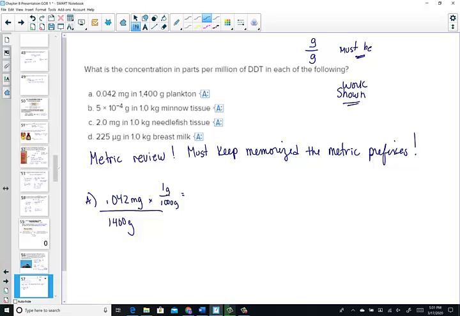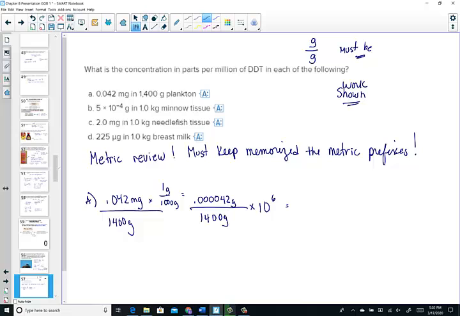0.042 divided by 1,000 gives me 0.000042 grams in your 1,400 grams of solution, and then multiply by 1,000,000, and we get parts per million.